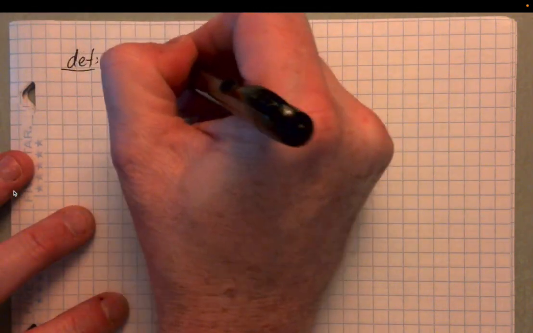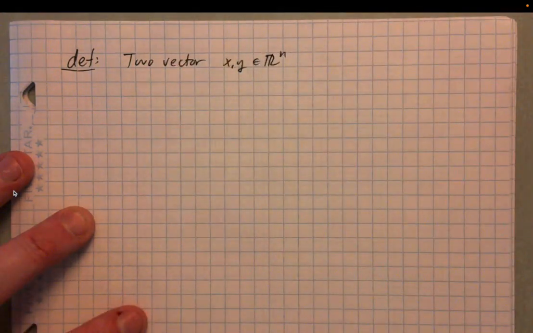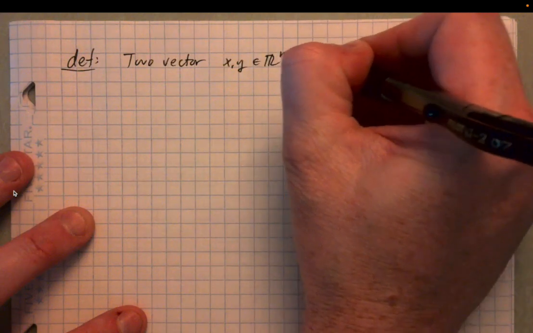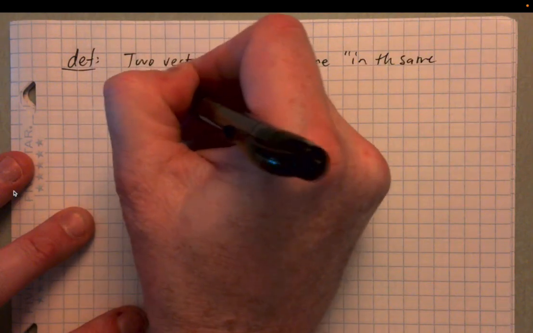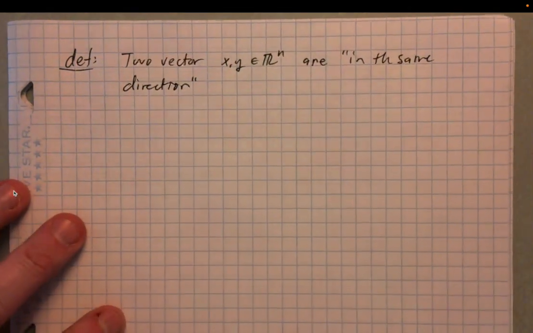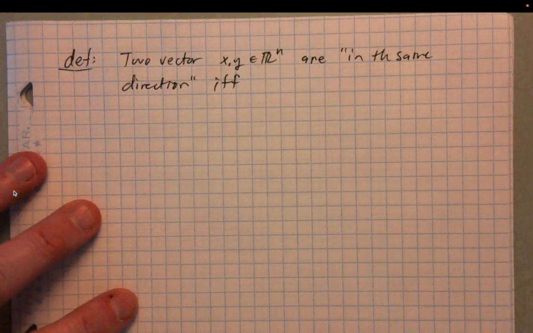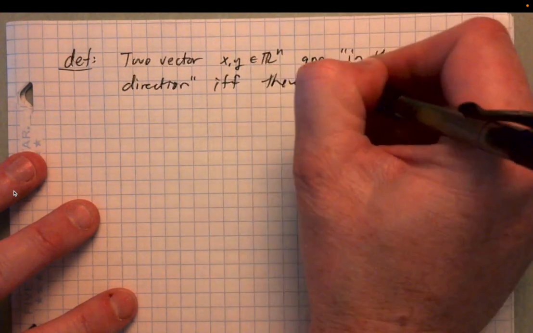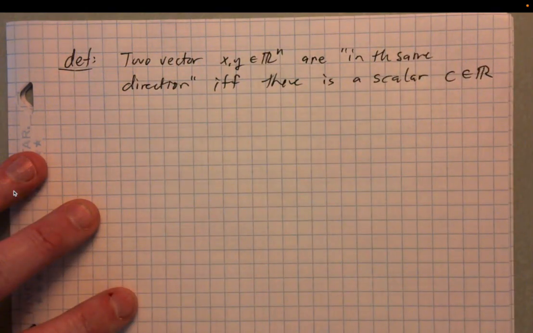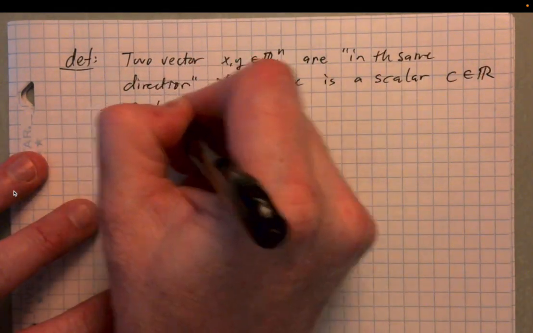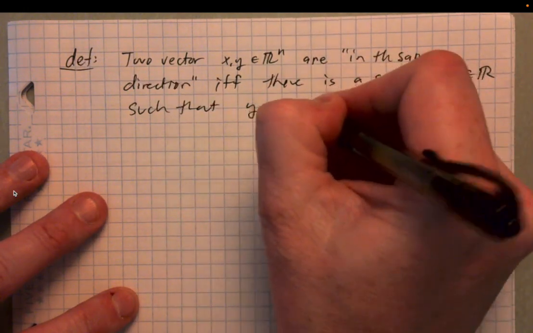Two vectors x and y in Rn are in the same direction if and only if there's a positive real number, a scalar c in R, such that y is equal to c times x.